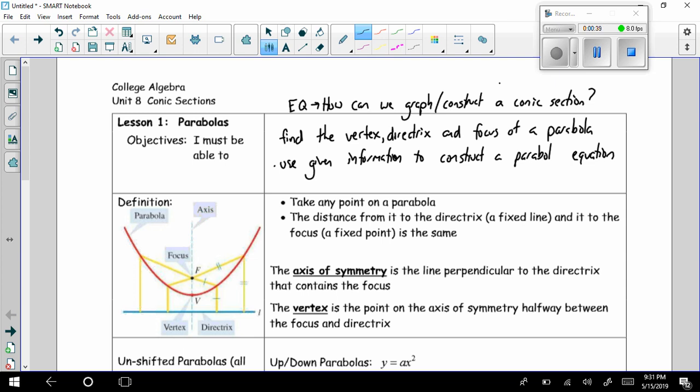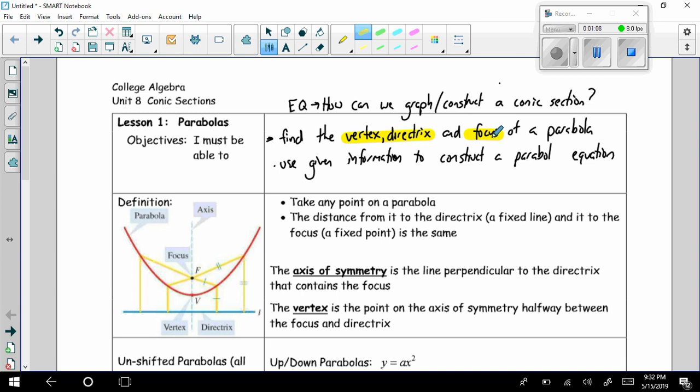The first conic that we're going to look at is parabolas, and I know we've done quadratics and parabolas already, but we're going to look at how to graph and construct a conic section, and that's the most basic one. And so we want to start with that. But some new terms we're going to introduce here are vertex and directrix, as well as focus of a parabola.